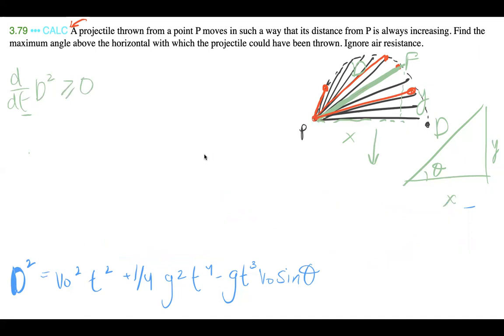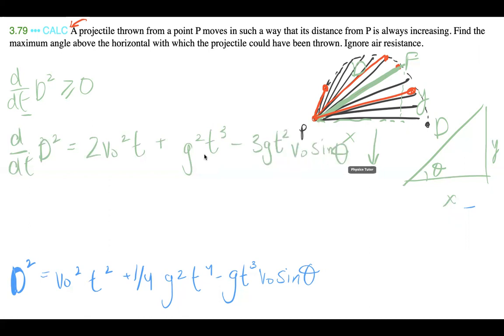Okay, so d squared, we want to take the derivative of that with respect to time. I'm just going to double check with my notes to make sure that that is consistent.